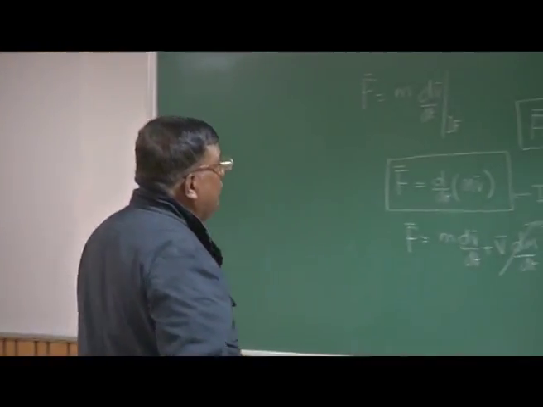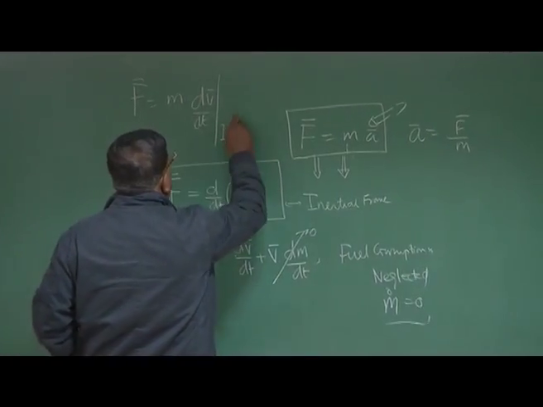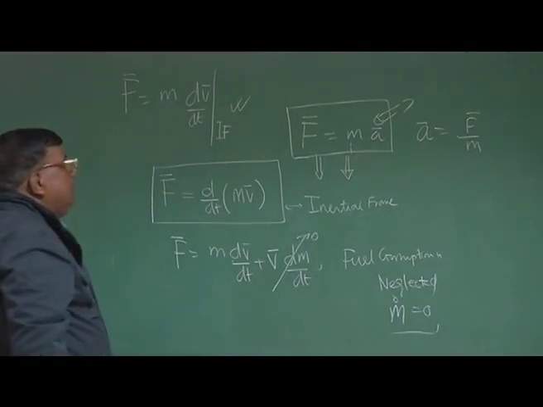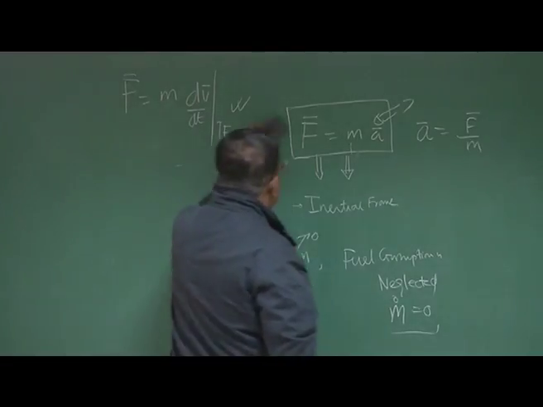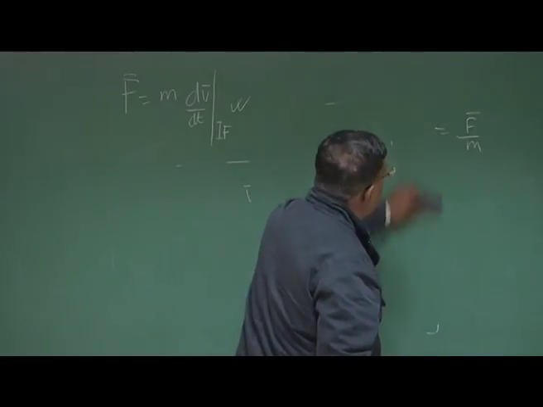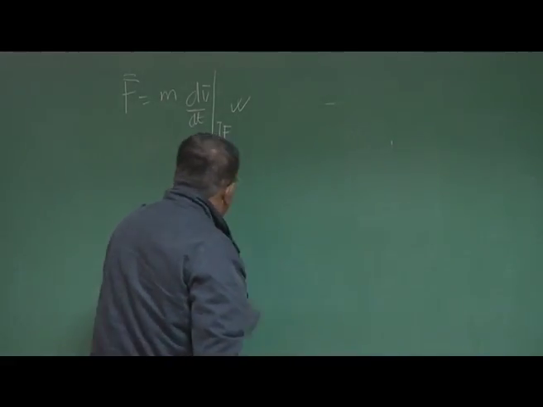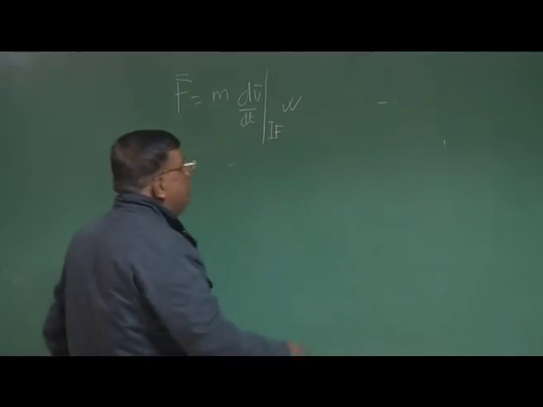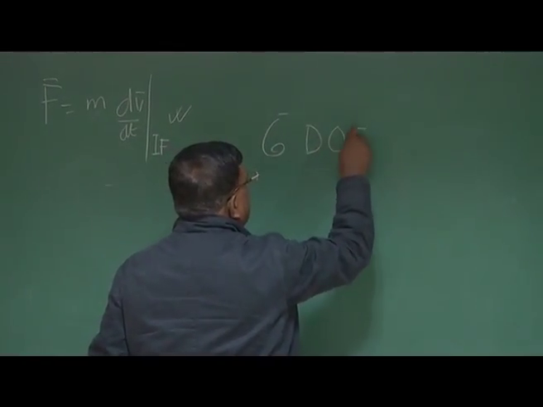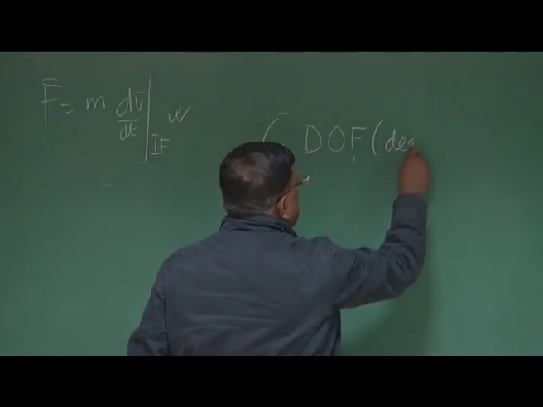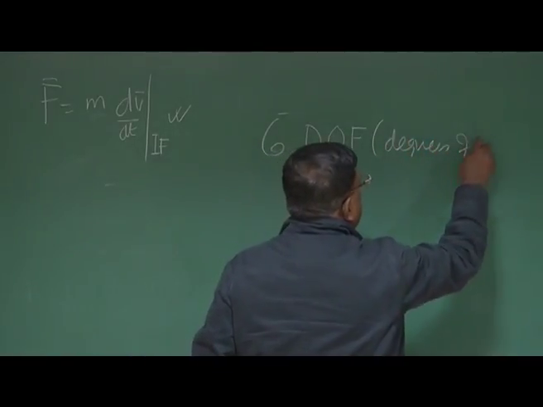So that is the catch point, and that is the basis which will be used to develop equations of motion, right? And typically we say six degrees of freedom equations of motion, and that is why we say 6 degrees of freedom.